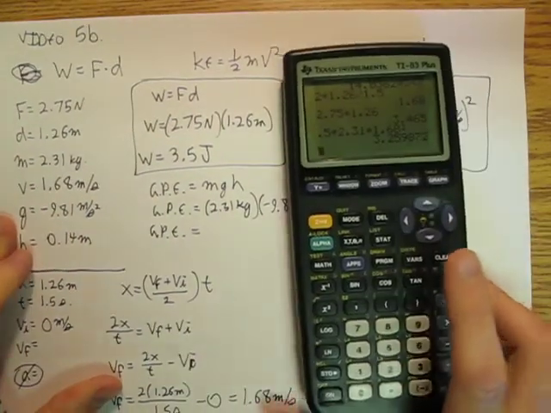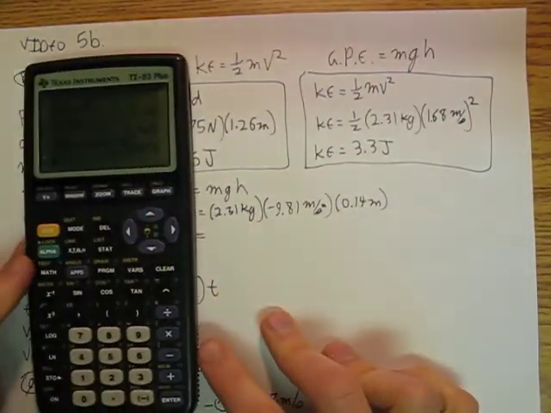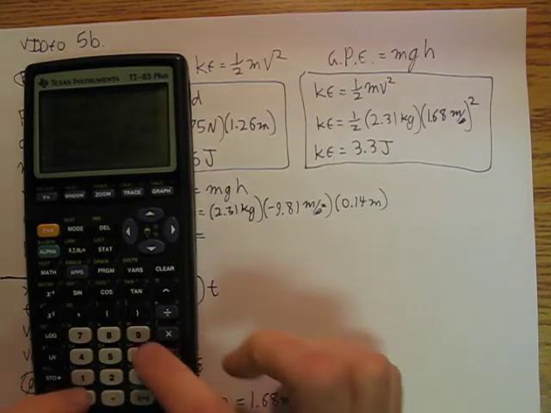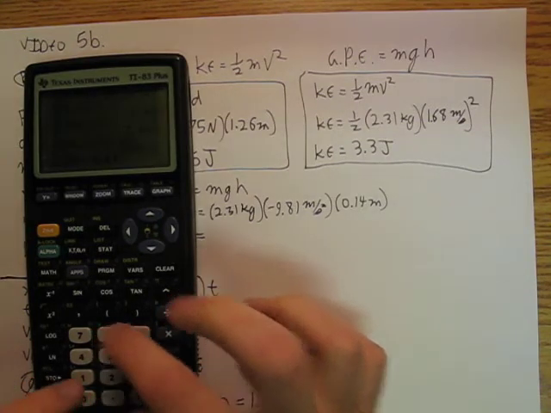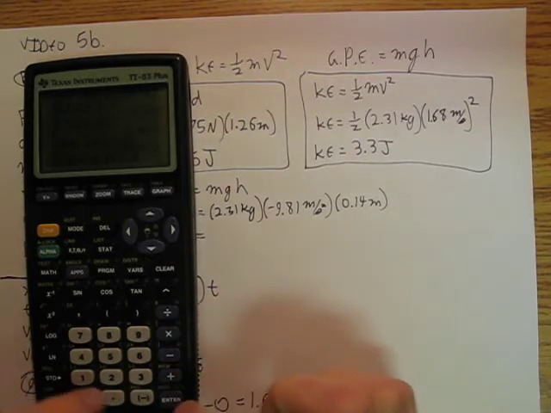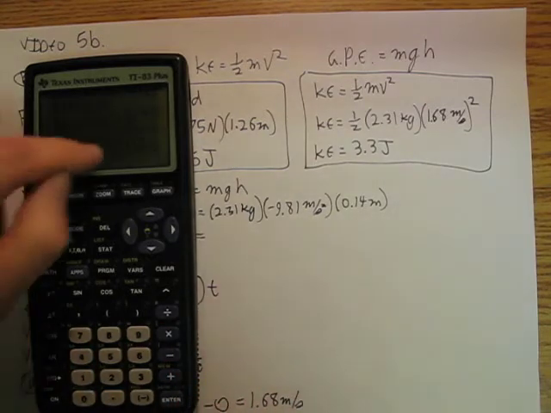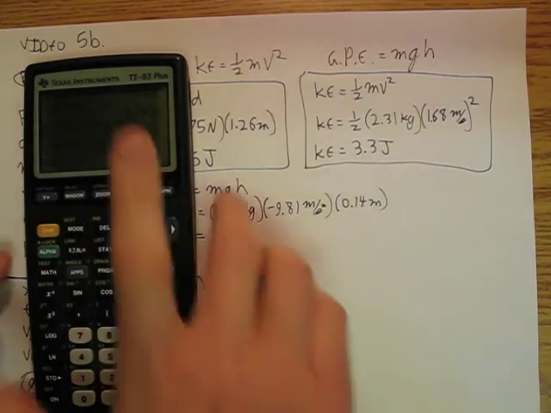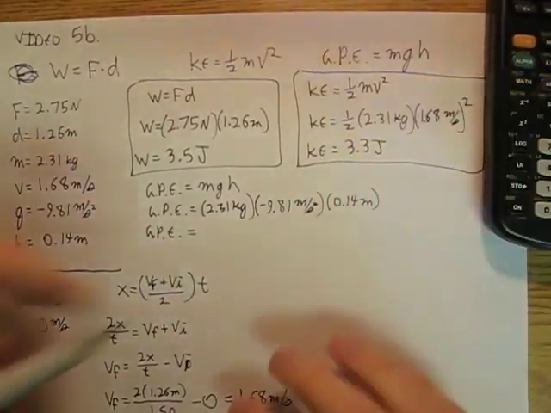And I plug that in. I go 2.31 times negative 9.81 times 0.14, and I get, I'm going to round that again, negative 3.2 joules.